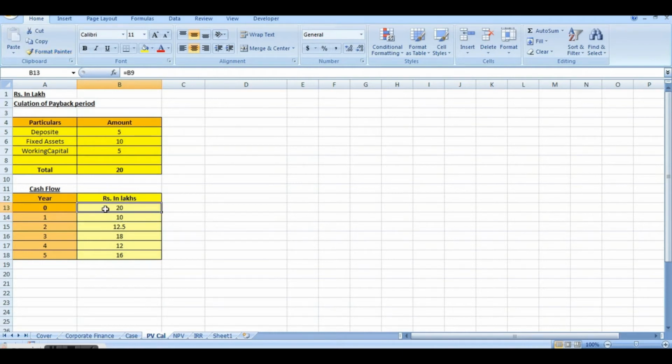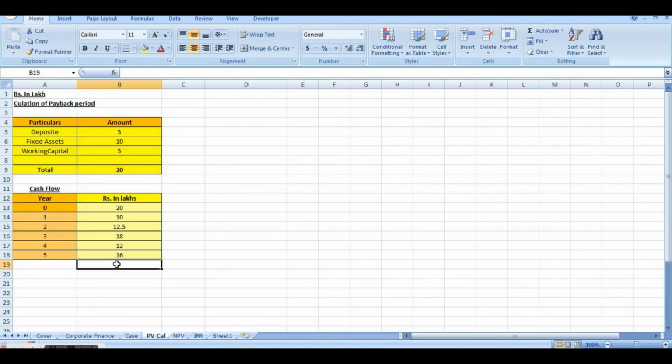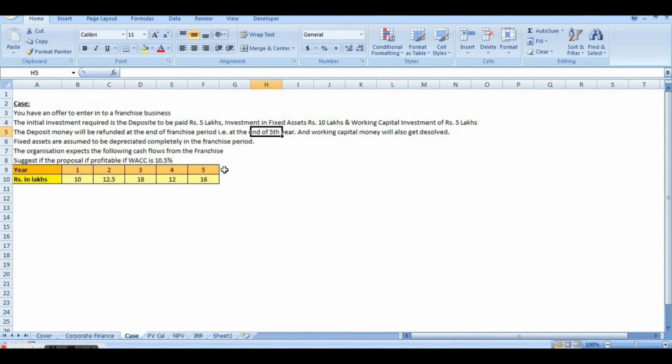So that's why outflows. Now if we talk about inflows, these are not the only inflows. If we read the case again, the deposit money will be refunded at the end of franchisee period, and working capital will also get dissolved at the end of the 5th year. So we need to consider that. So what we can do, we can simply add it here into this 16, or in the case itself.